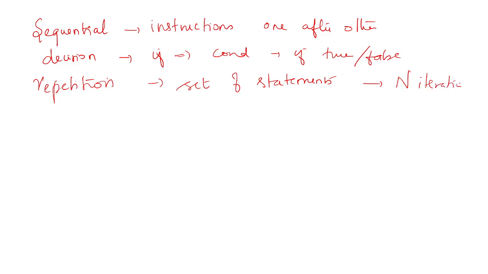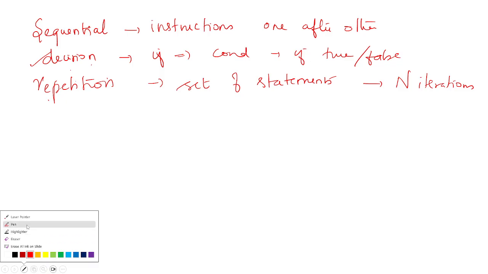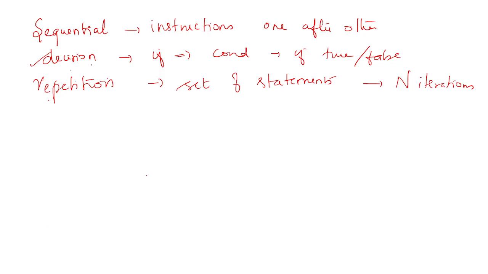So this is a conditional construct or decision-making statement, whether a particular element is true or false, and based on that, we execute a particular statement. So in any algorithm, normally we use these three types of statements.